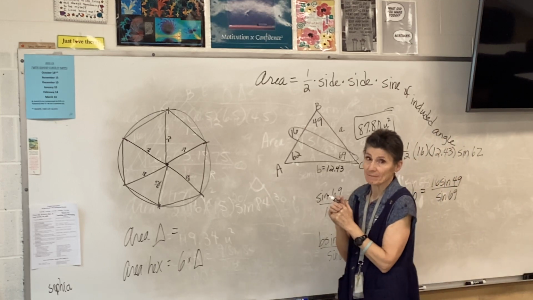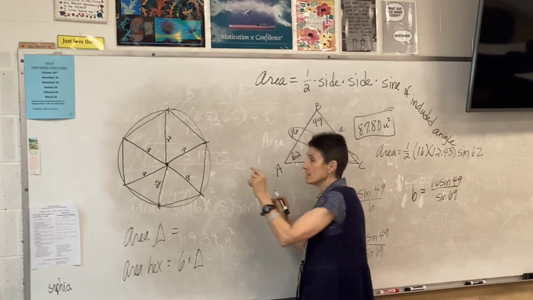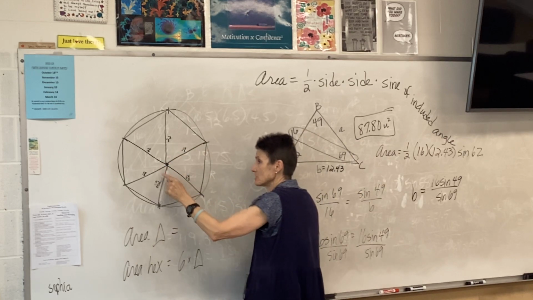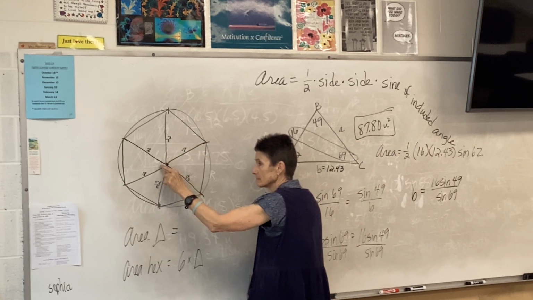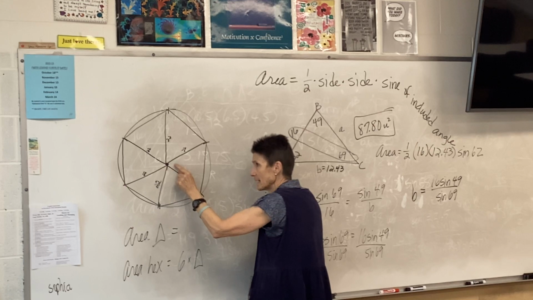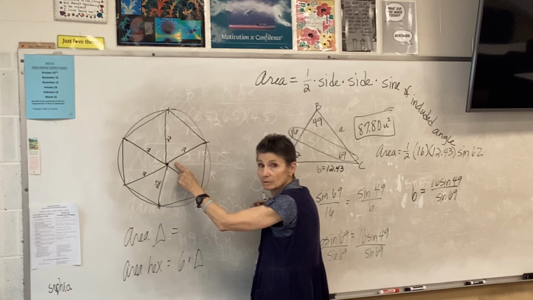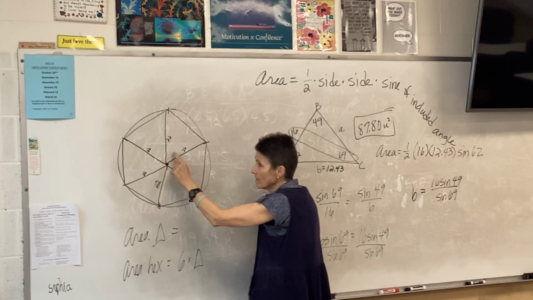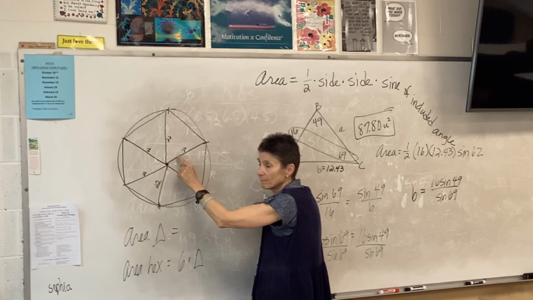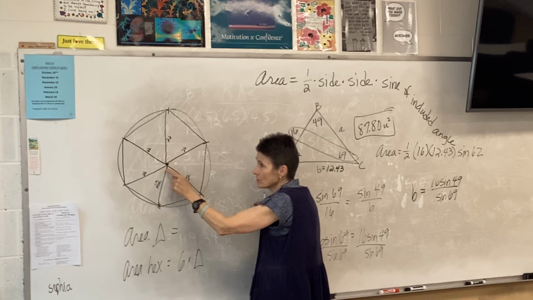So I want you to think about this for a second. There are 6 of these triangles right around here. All of these little angles right here are equal to each other. There are 6 of them. You see where I'm going with this?